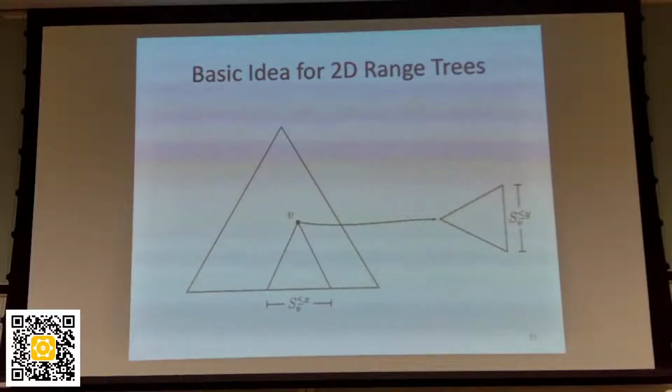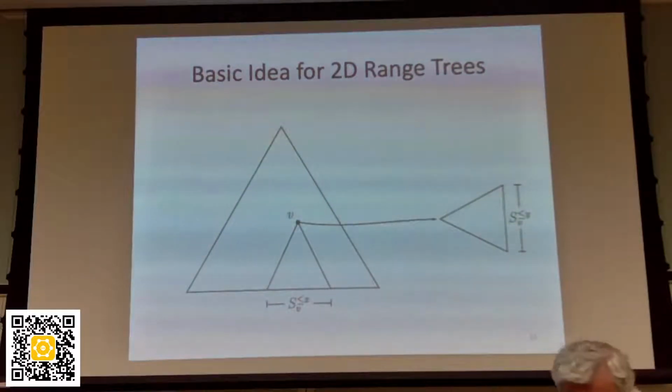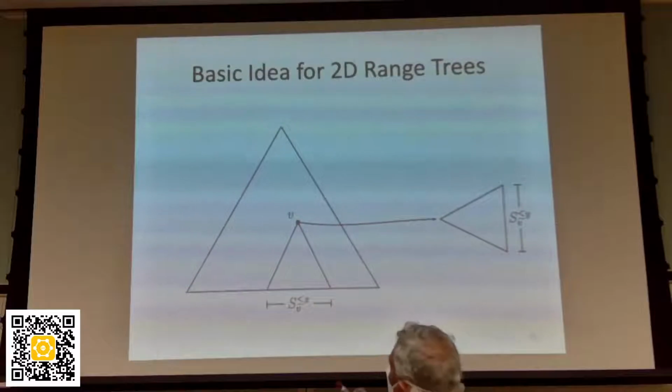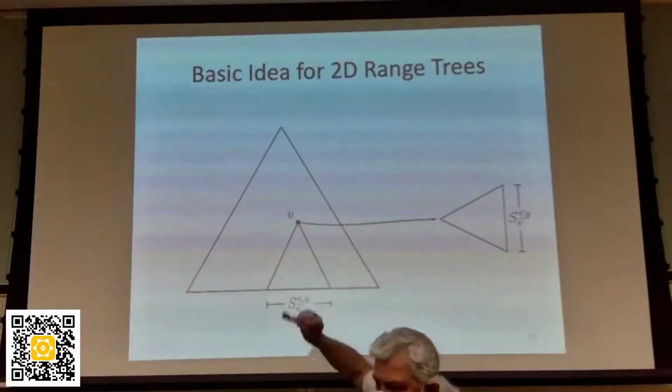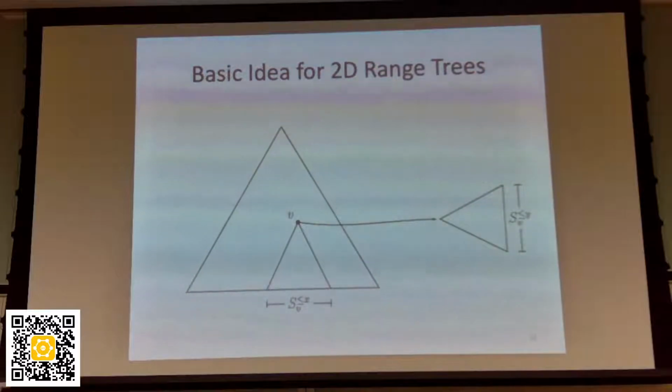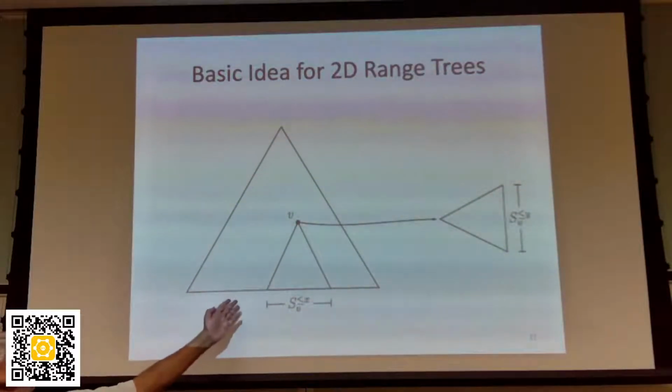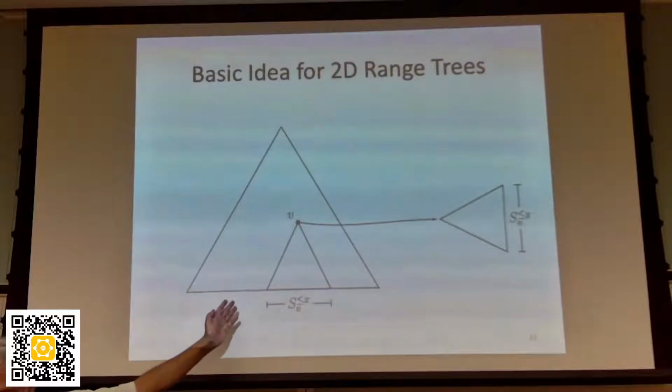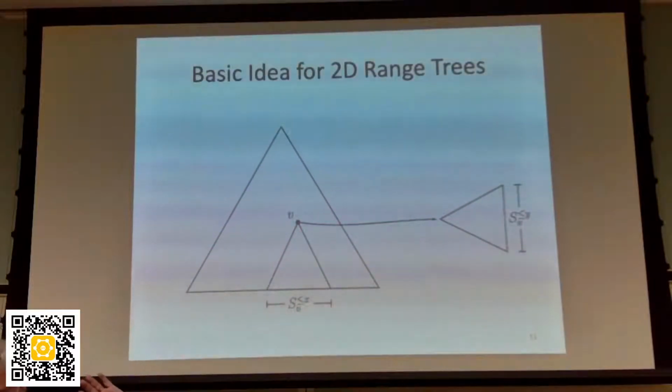So here is the basic idea for the 2D range tree. What I'm going to do is build the standard range tree for the x values, the x coordinates. So imagine that every data point has an x coordinate and a y coordinate, right? So I build the standard range tree or the binary search tree for the x coordinates.